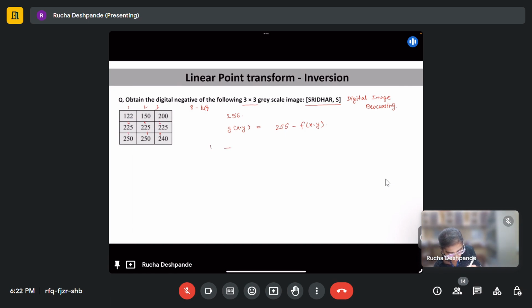So for pixel 1, we have, and so on. So pixel 3 is 55.